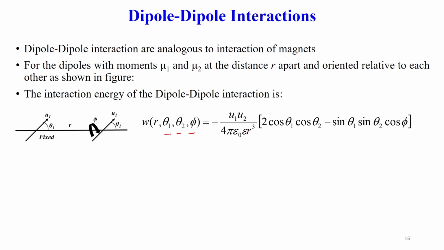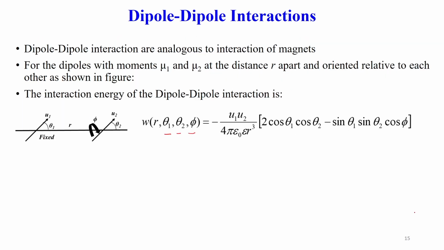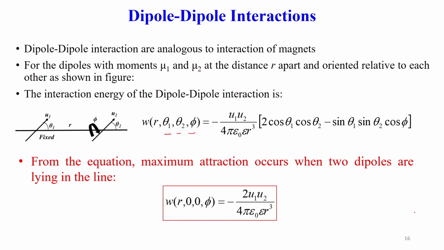In the previous expression, if you just see this r cube, now this is a function of cos theta 1, cos theta 2, sin theta 1, sin theta 2, and cos phi. So, this is the expression of dipole interactions. What we are seeing here is that one r is coming from here, the other r is coming from here, and one r was already there.